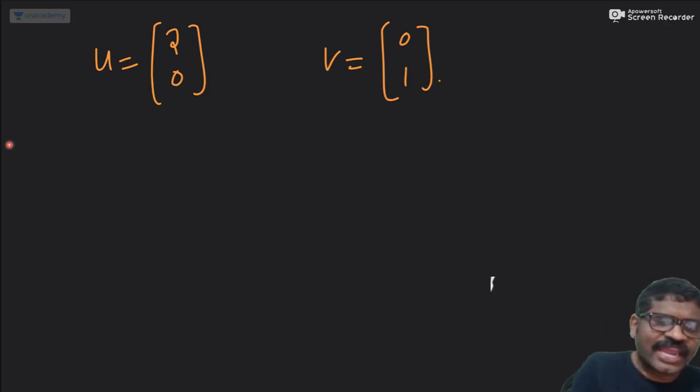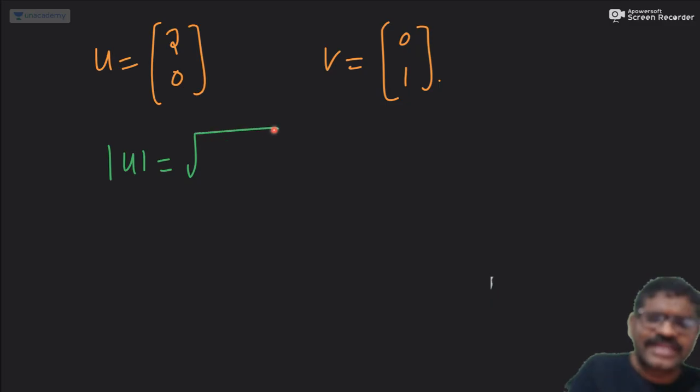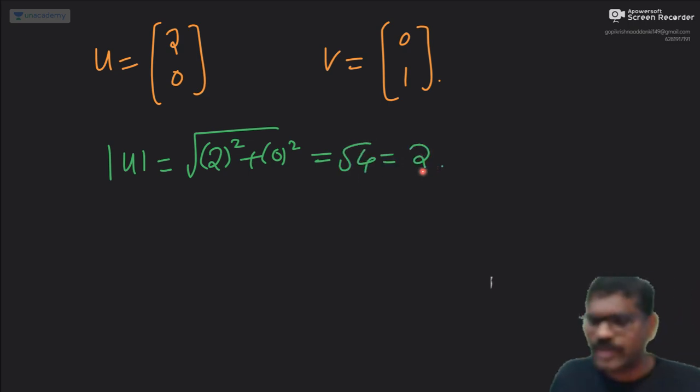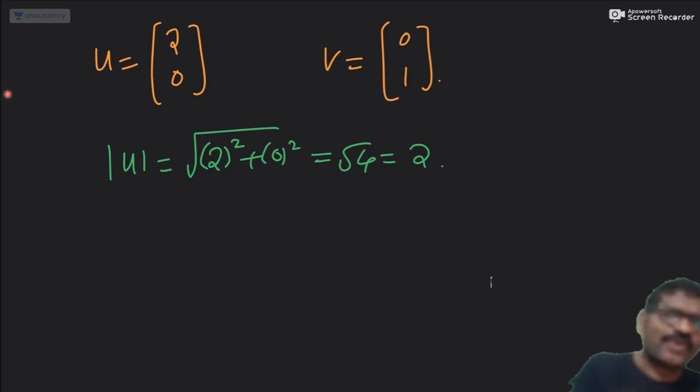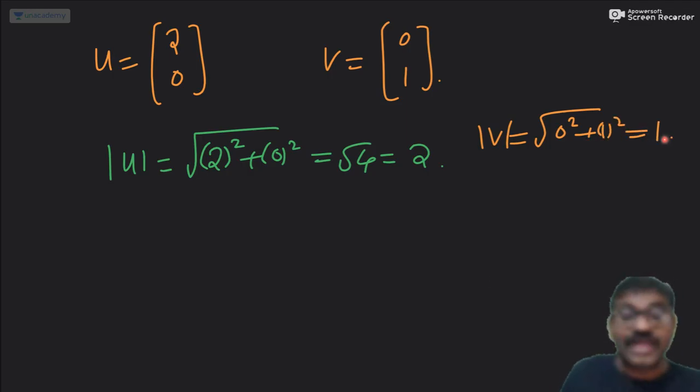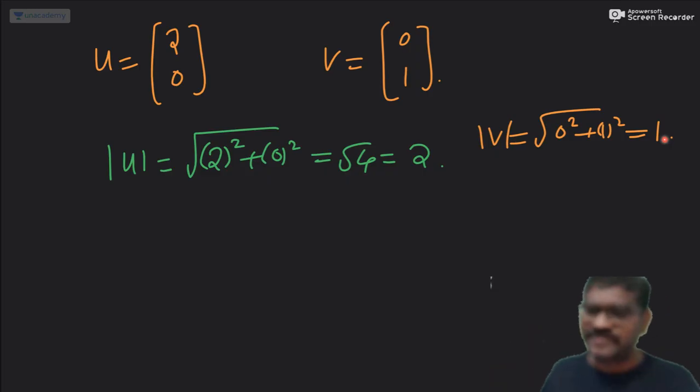If I calculate the length of U, I get the square root of 2 square plus 0 square, that is root 4, that is 2. Now, what about the length of V? Square root of 0 square plus 1 square, that is 1. Now, length of U is 2 times length of V. Satisfying or not?